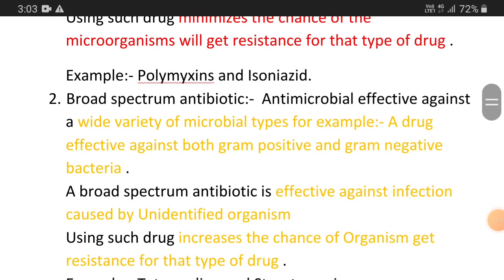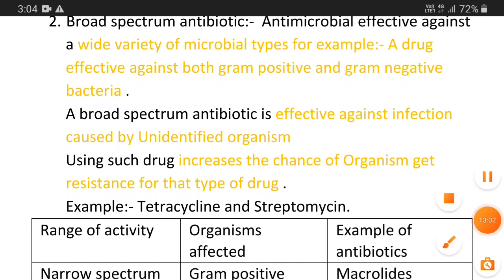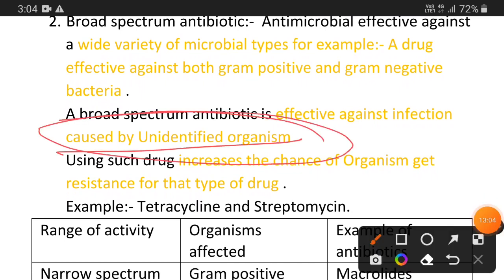The next one is broad spectrum antibiotic. What do we mean by broad spectrum antibiotic? Broad spectrum antibiotics are antimicrobial agents responsible for a broad range of bacterial inhibition. They are effective against a wide range of microorganisms, so they are mainly used when we don't know which organism is responsible for that particular type of disease.